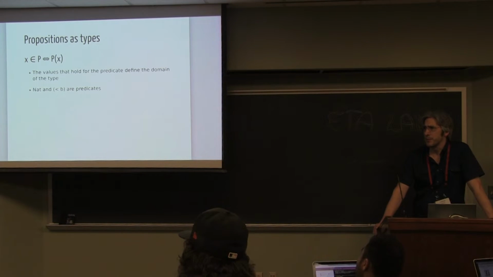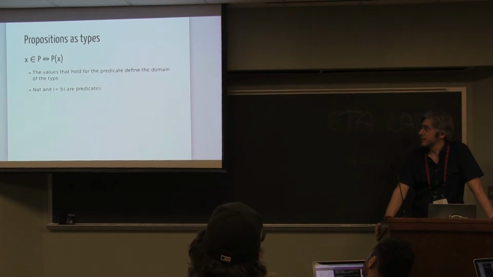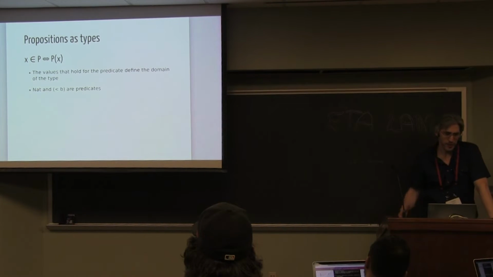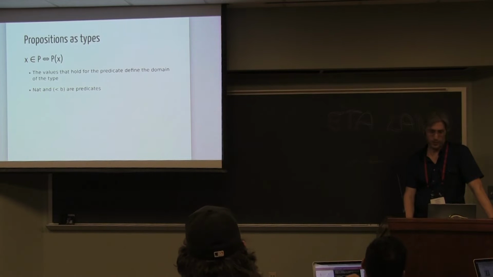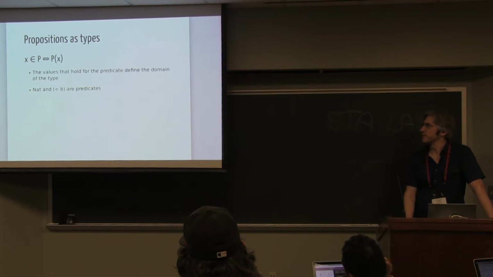X is a member of P, a set P, meaning that that set is the set of all the values for which property P holds. As we mentioned, we are using predicates, so that predicate needs to hold for that value, and that value will be a member of that set.